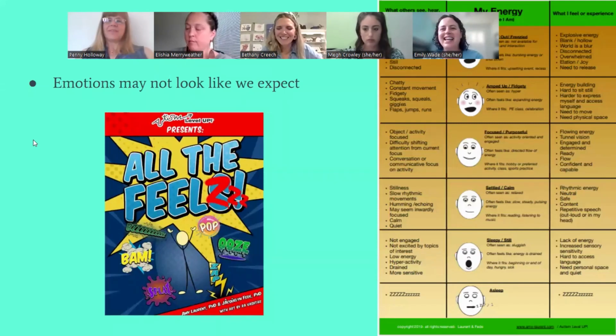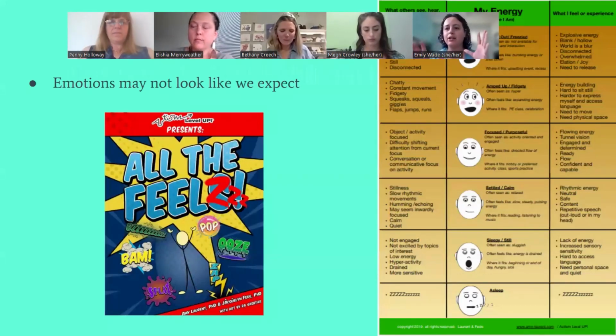Similarly, there's another tool on the side here that can help us identify these things for our learners. Again, this is an example of one that's filled out, but it can be individualized to every learner. It talks about, this is my energy right now. This is where I am.